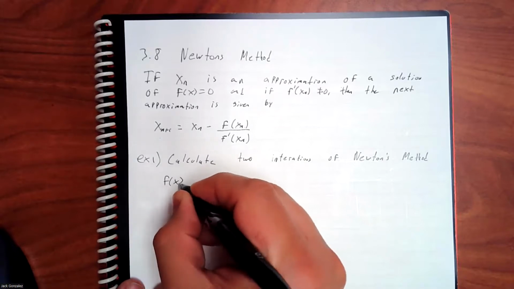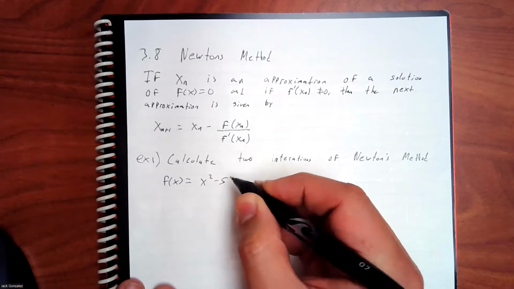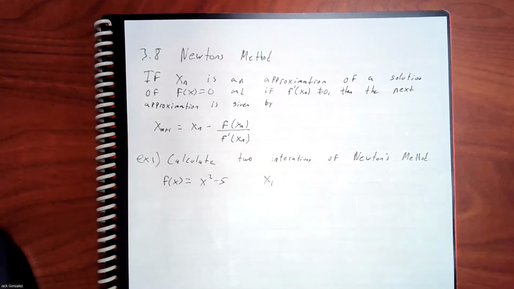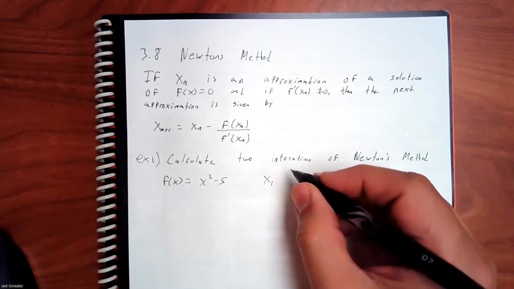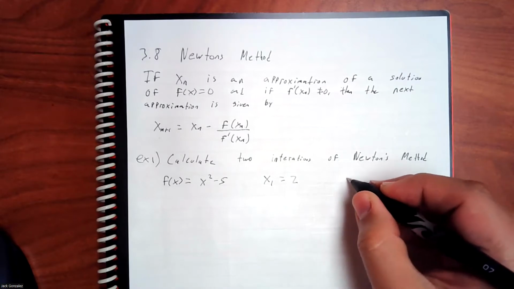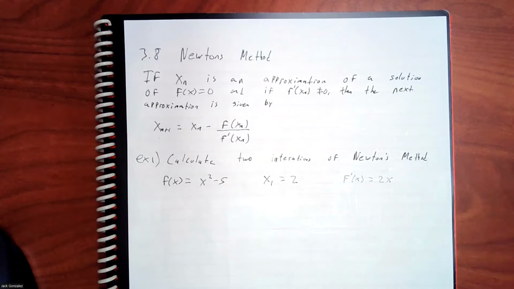I picked this one earlier. There's a function. Calculate iterations to find the zero, given an initial point of 2. Obviously, the derivative would be 2x, right?